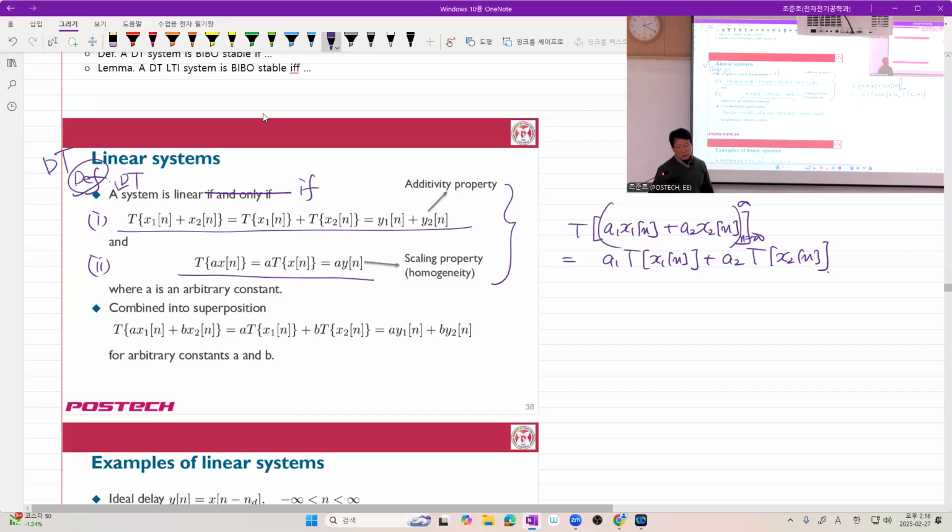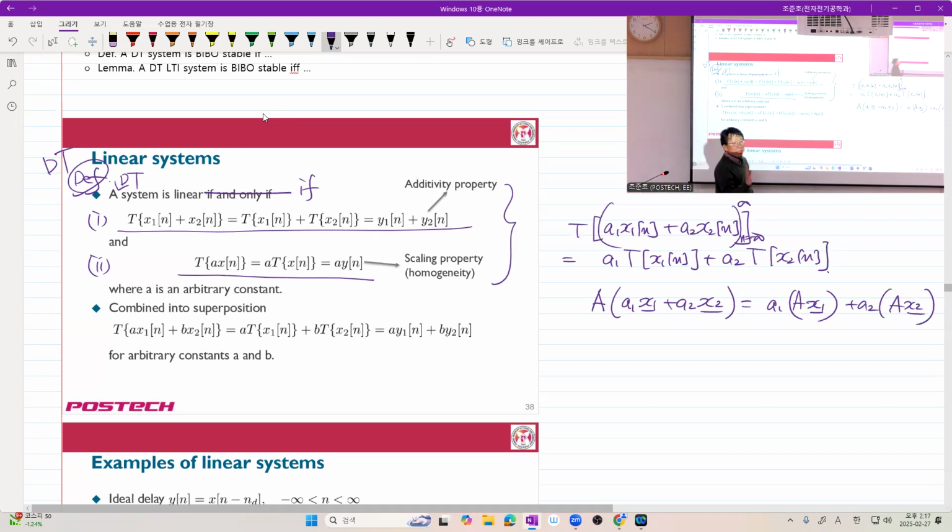Okay? If you have matrix A, and if you have a scalar A1 and vector x1, and scalar A2 with vector x2, after you expand, what do you have? A1 A x1 plus A2 A x2, right?